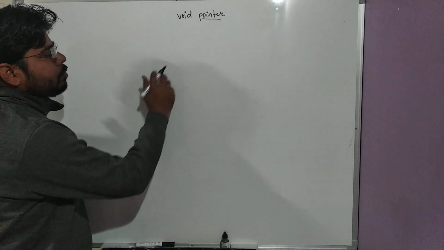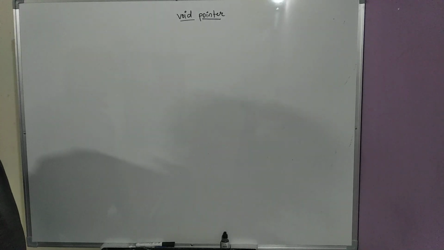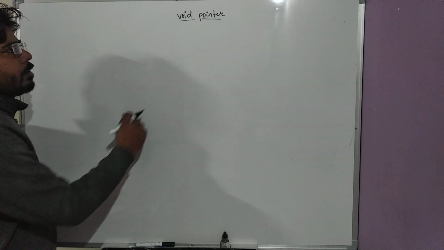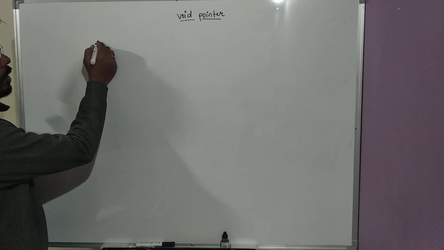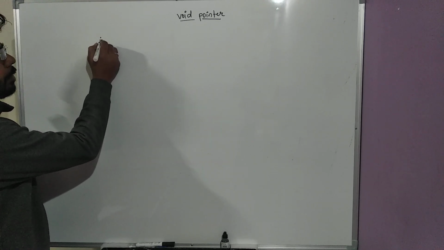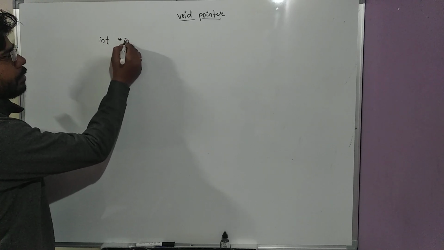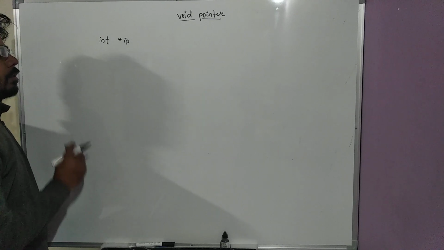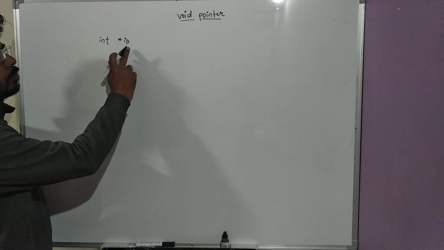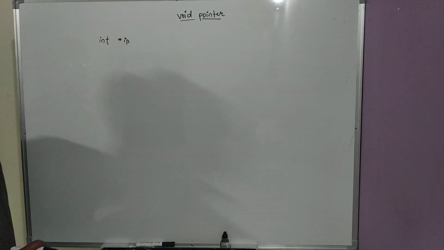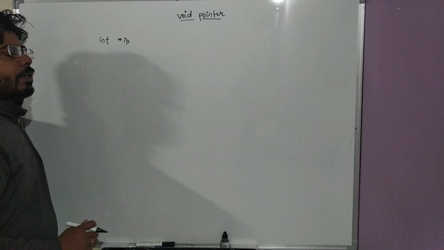Okay. So before that, first let's take an example. In a normal pointer case, like we have a pointer of integer type, asterisk, say IP, and in this case, if you try to point to a float variable, this may generate some error.